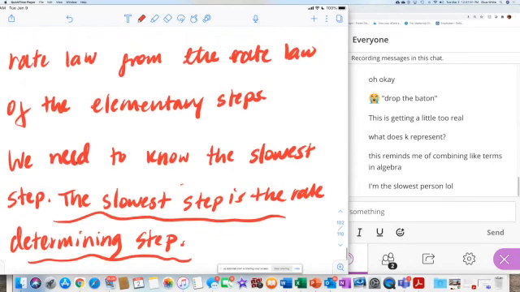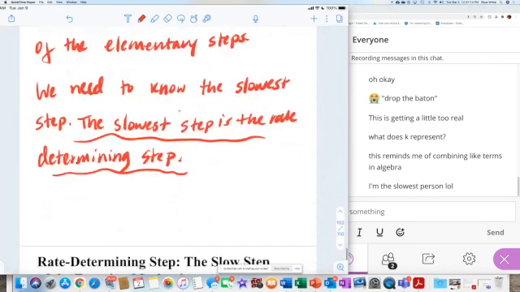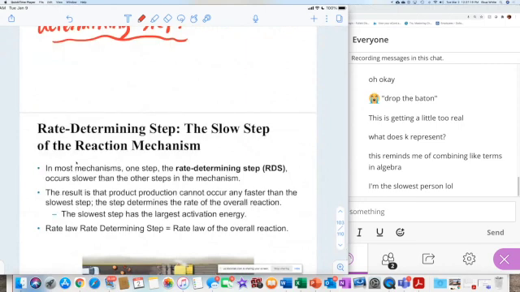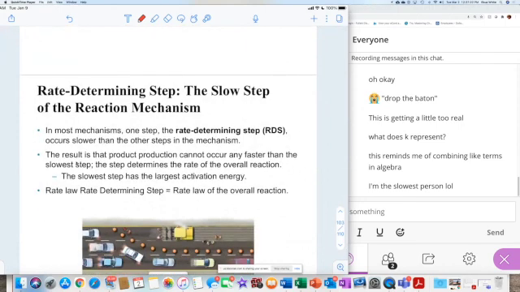So we can figure out the overall rate of the reaction by knowing which of the elementary steps is the slowest. And when we know that, this will determine the rate of the reaction. Remember, we are studying all of this so we can manipulate the reaction. The deep message in all we're learning here is that if you want to make the reaction go fast, spend time on the slowest person or the slowest step.